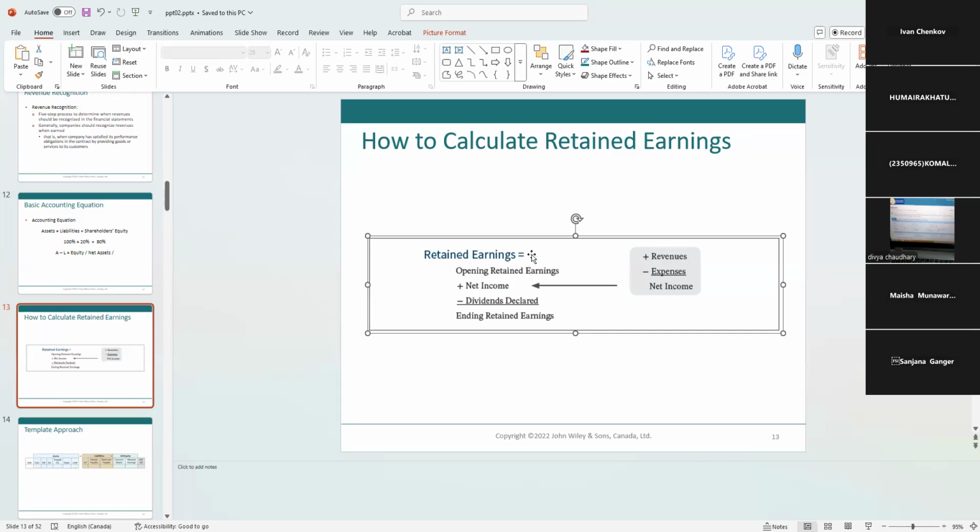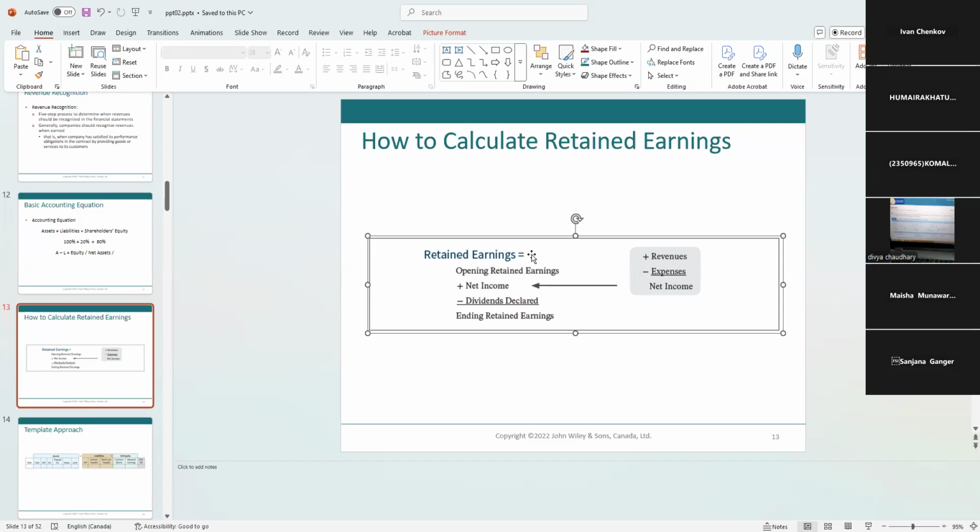So if we start, let's say that's our first year of operation, our retained earnings is 0. No questions about it. If we generate net income $100, our retained earnings become $100. If we pay $40 dividend, our ending retained earnings will be 60.